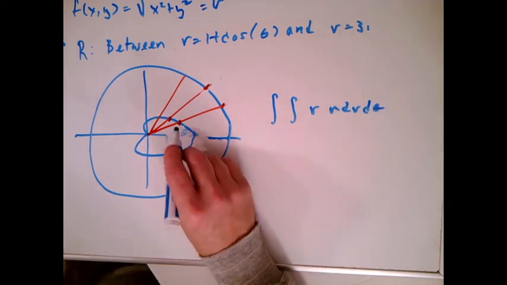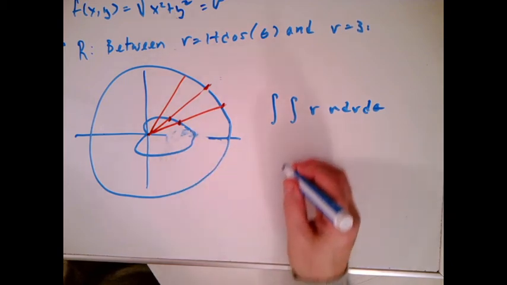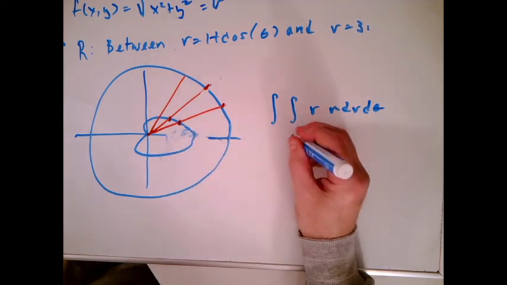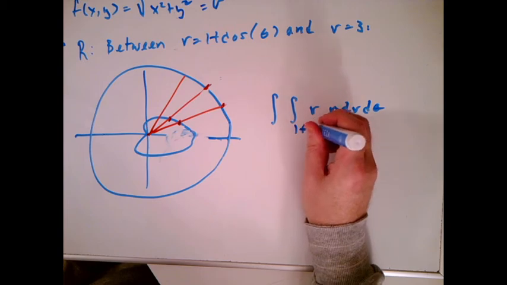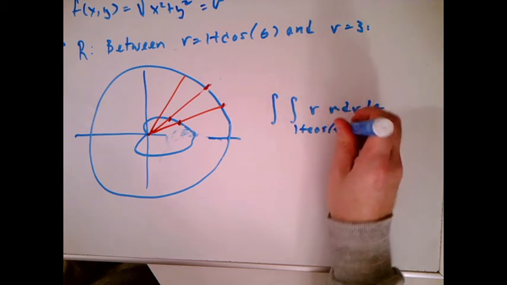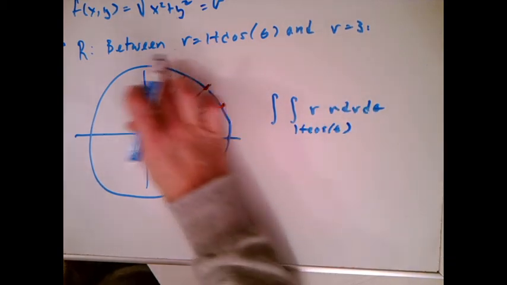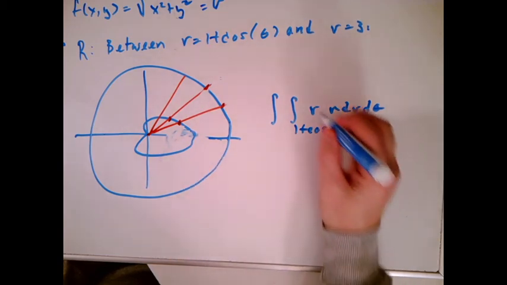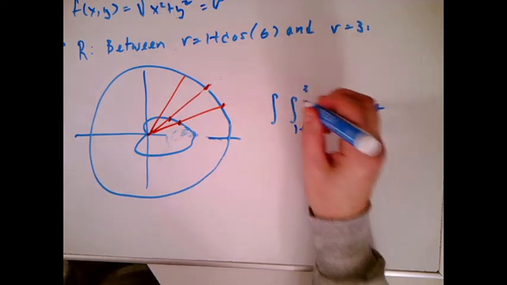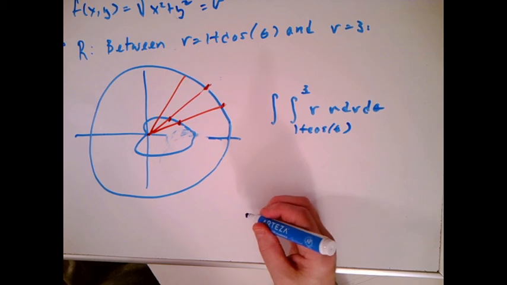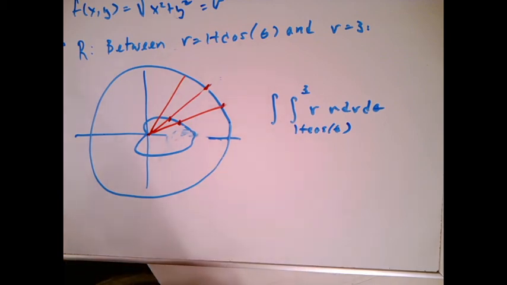You can see here that r enters the region at the cardioid, so that goes like this. This is going to be 1 plus cosine theta down here. You can see that r leaves the region at the circle, but r is always 3 up there, so I can put a 3 right there, which is good. And now I have to ask myself, what thetas was I using as I was drawing all those rays?